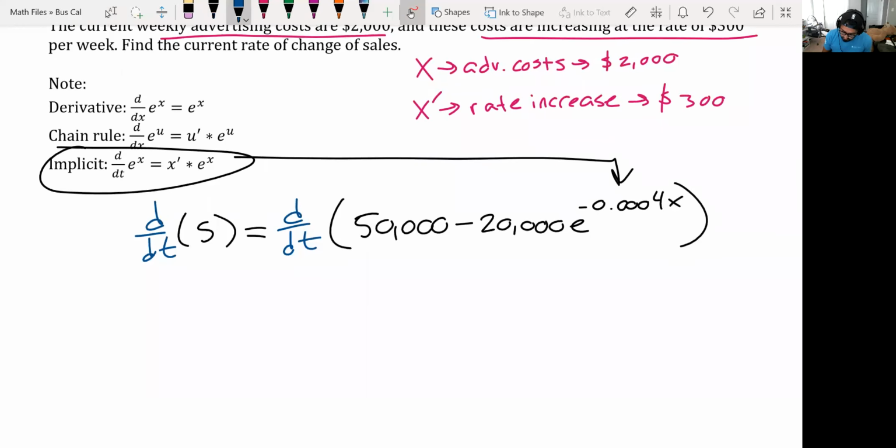We're going to get d over dt of s, which is going to give me s prime, equal to the derivative of 50,000, which is just a constant, so that's going to be 0. Minus, and now all we're worried about here is the derivative of this function. So the 20,000 will wait on the outside.